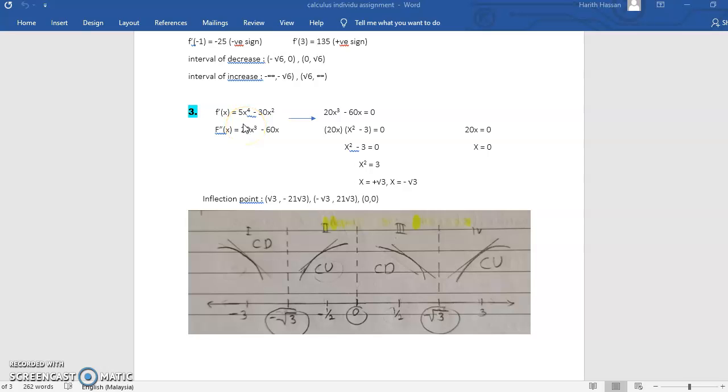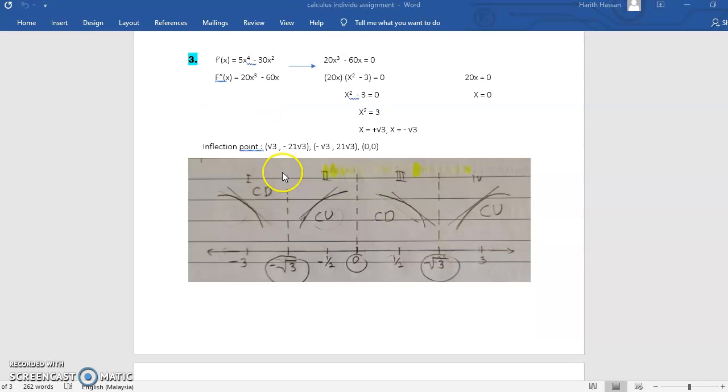We need to differentiate again, the first derivative f prime, to get the second derivative f double prime. When we differentiate the second time, we will get the inflection point.